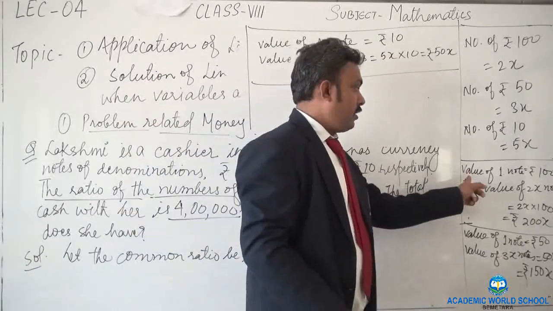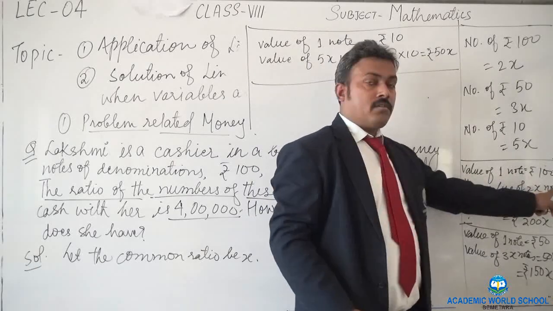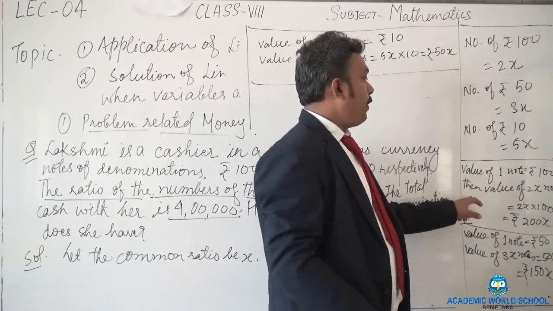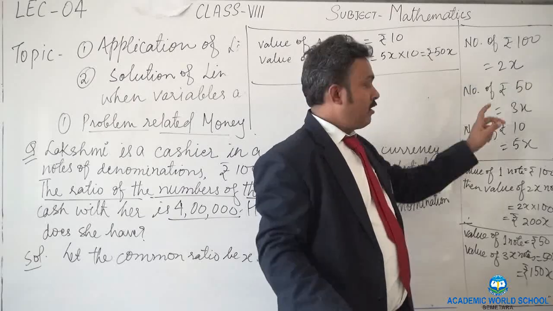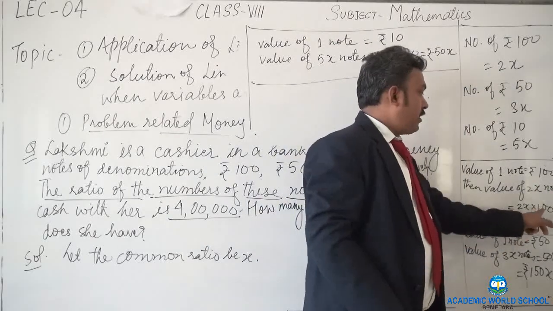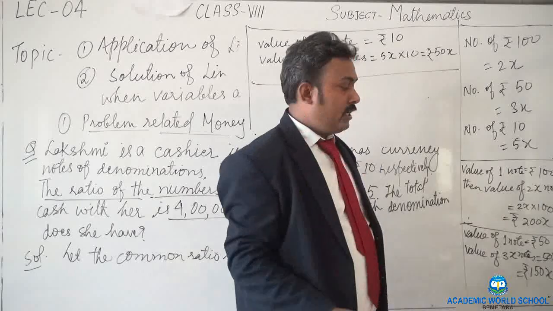Right? So here the value of one note is 100 rupees. So how many 100 rupee notes are there? They are 2x. So their value will be 2x into 100, that is rupees 200x.